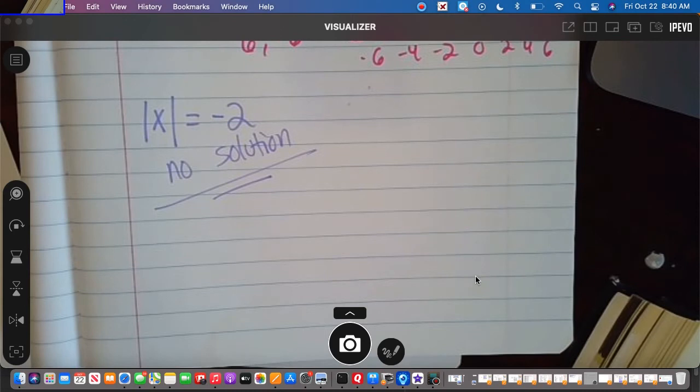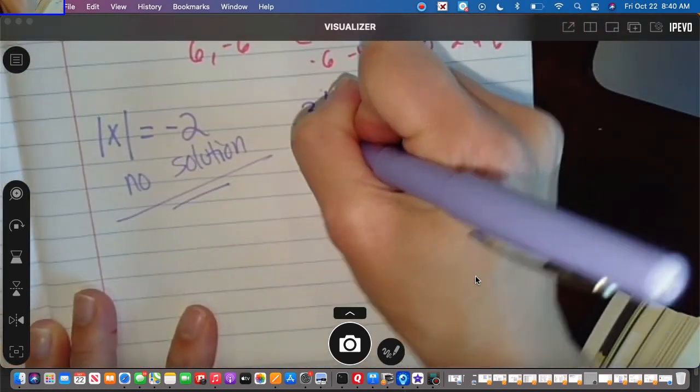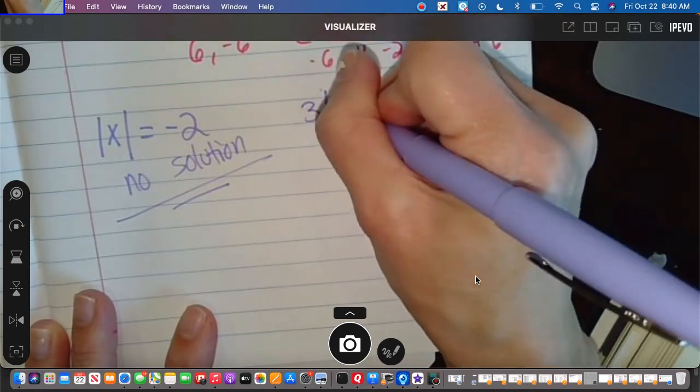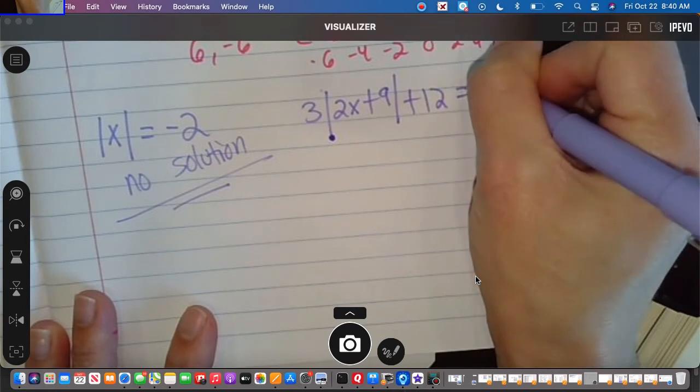Okay. When you solve for the absolute value, let me do a problem. Let me see how I can say this another way. 3 times the absolute value of 2x plus 9 plus 12 equals 10.